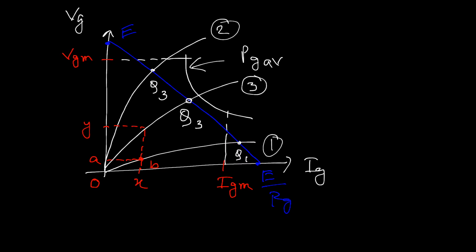And the slope of the load line, which can be represented by, suppose, A and this point is, suppose, B. So the slope of the load line can be defined by AB equal to OA by OB.